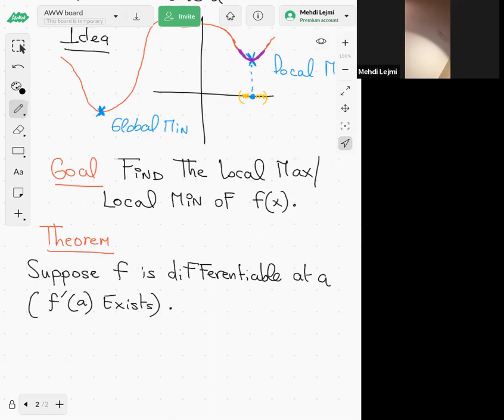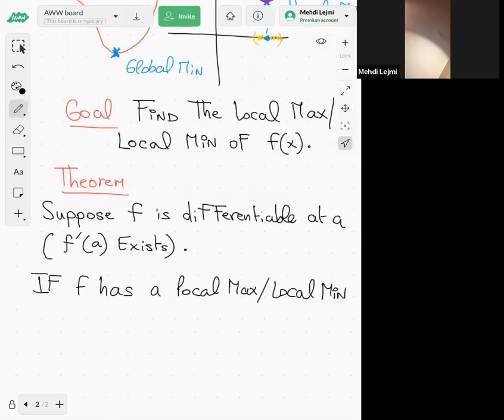Okay, so if f has a local maximum or a local minimum at a, then f prime of a, the derivative at a, must be 0.